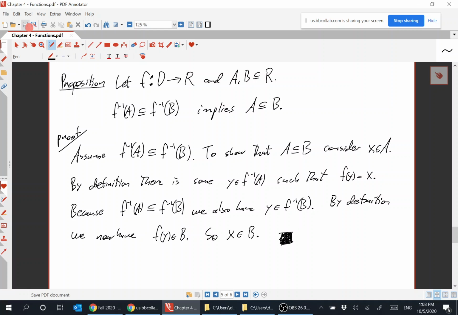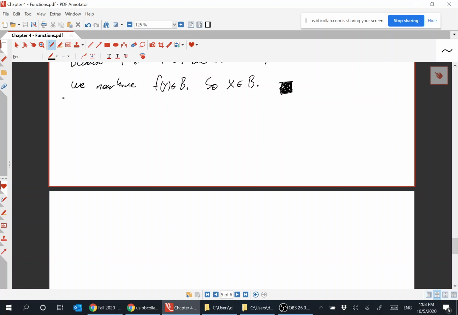So the preimage has a little bit better behavior with regard to this sort of subset containment than image did. Okay, so we have established the following two facts.